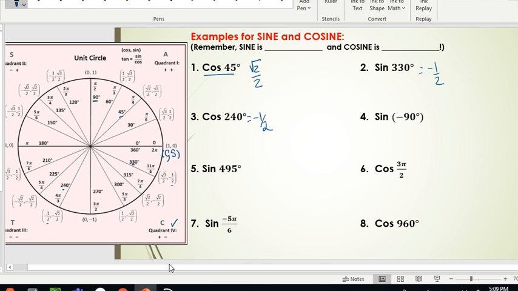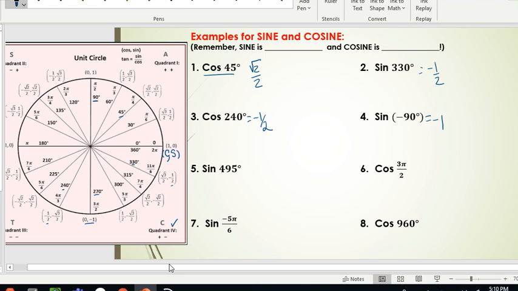For the negative of any of these, like negative 60, negative 45, negative 30, flip it across the x-axis. If you reflect this over the x-axis, it's this one. So that means 270. Look at my values for 270 degrees. The sine is the second one, so it's negative 1.